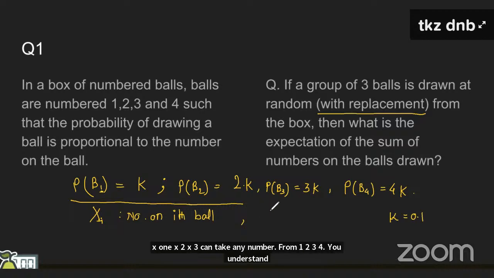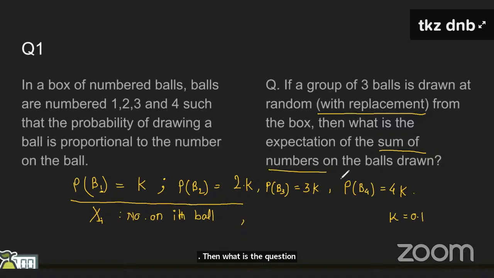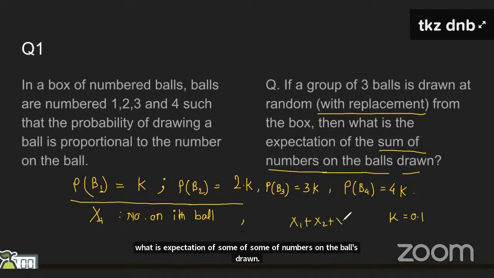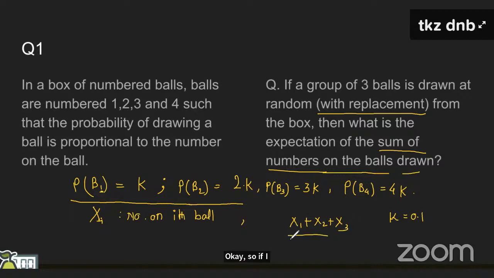Then what is the question? What is the expectation of the sum of the numbers on the balls drawn? If I sum x1 plus x2 plus x3, what will it give? The sum of the numbers on the balls chosen.